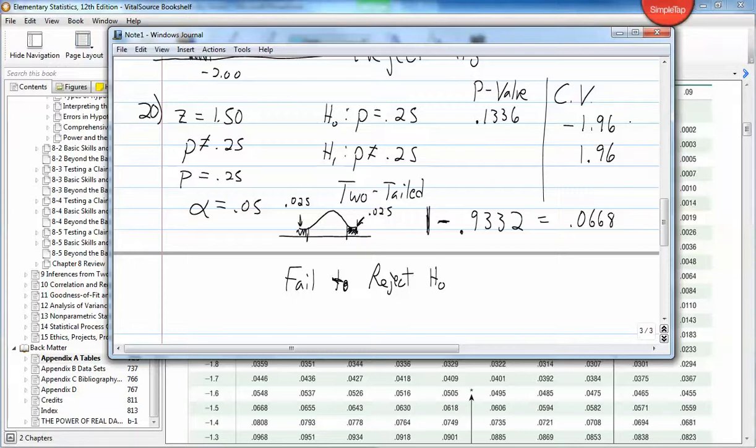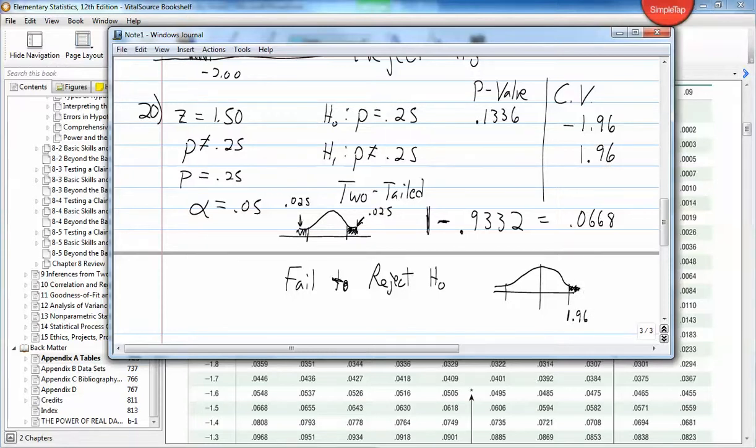Let's see if we would get the same answer if we used the critical value method. So we want to use the side where our test statistic is. The test statistic is on the right side. So our critical value on the right side was 1.96.